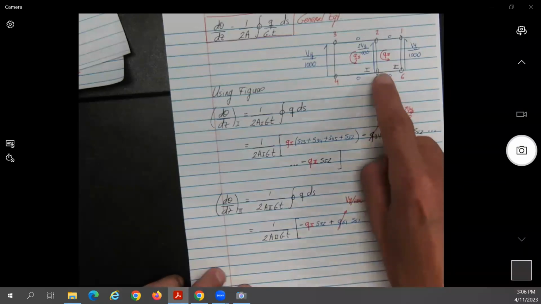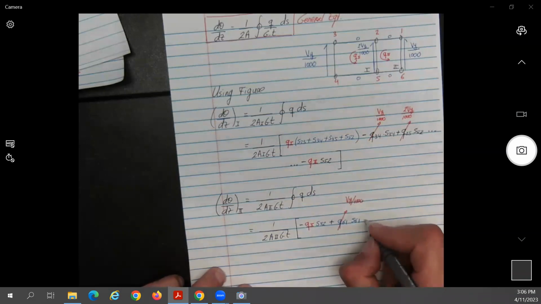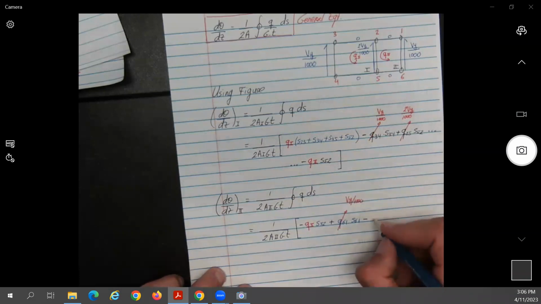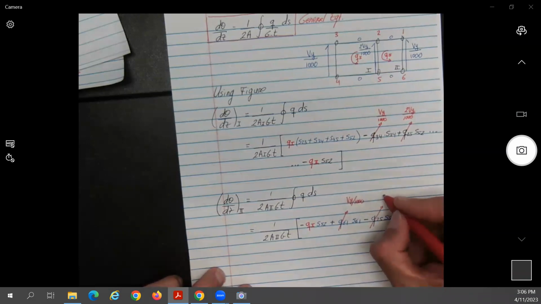What about the Q25? Negative, Q25 S52. We know Q25 is 2 Vy over 1000.